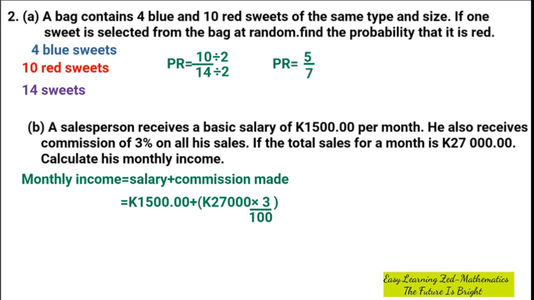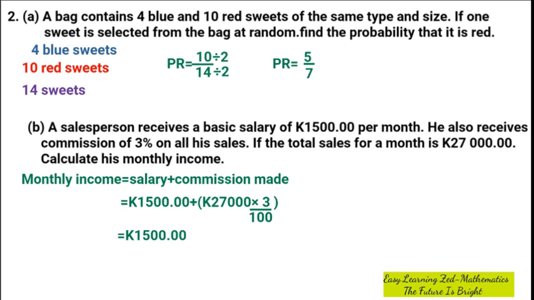Once we have done this, the next thing we're going to do is write the salary, because we're going to concentrate on finding the actual commission, not just the percentage, the actual money that you get from 27,000 as a commission. So we're going to say 1,500. Then we are going to work out 27,000 times 3 over 100.